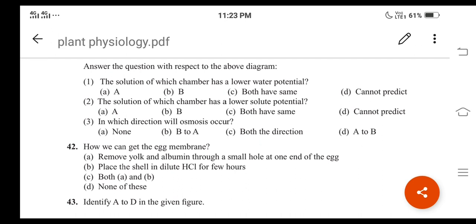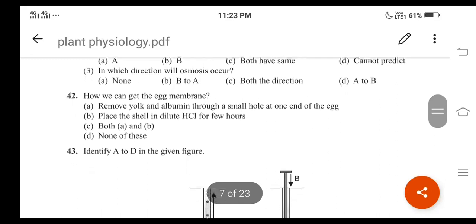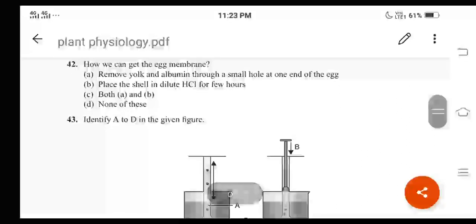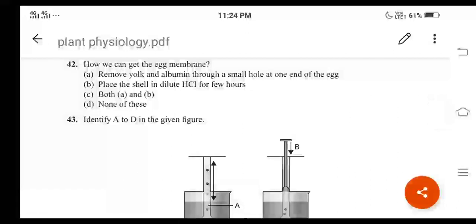Let us move on to the next question, question number 42. How can we get the egg membrane? This we have already studied in the text. The options are: A, remove yolk and albumin through a small hole at one end of the egg; B, place the shell in dilute HCl for a few hours; C, both A and B; D, none of these.